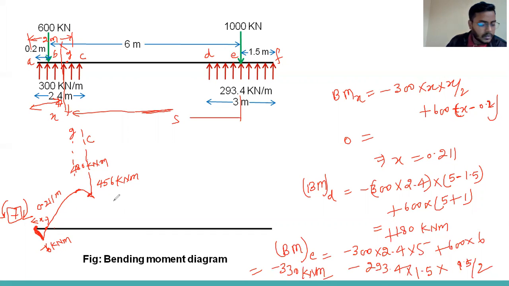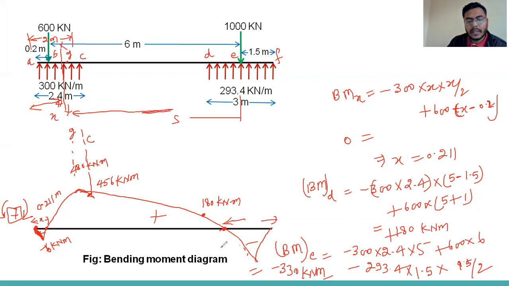So now we can draw the bending moment diagram. Here we are getting 180 kilonewton meter, that is positive. Here it is negative. By taking the bending moment equal to 0 at a section, you can calculate this value, the distance from here.